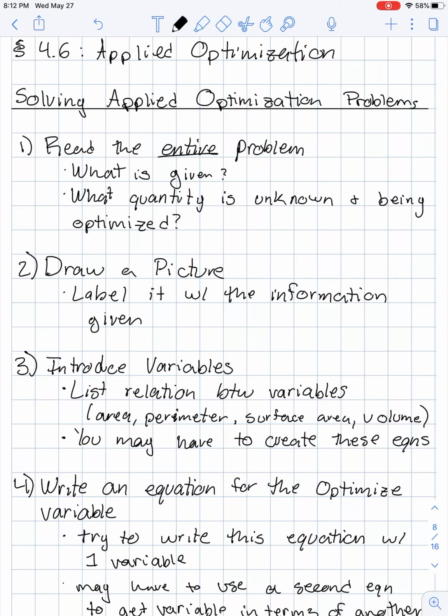What quantity is unknown and being optimized? If I'm asking for the maximum area, the minimum cost, is it asking for the dimension? What is it asking for? What do I need to know once I've done all this math? What do I need to give as an answer?